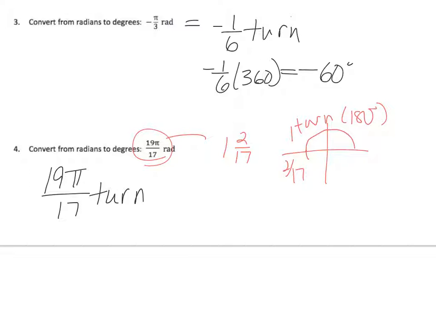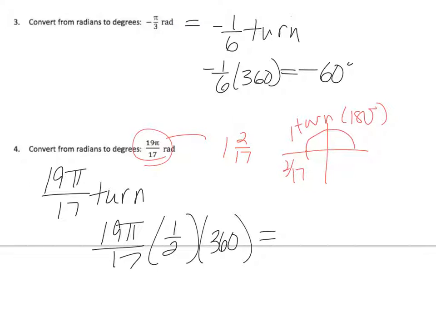Okay? So we're actually going to multiply 19 pi over 17 times a half, because we're at a half a turn, and then multiply that times 360. Oh, I don't know why I wrote 366.